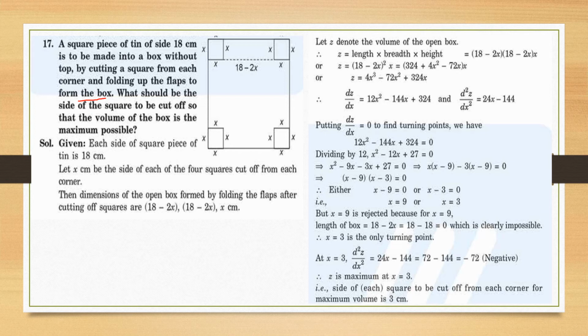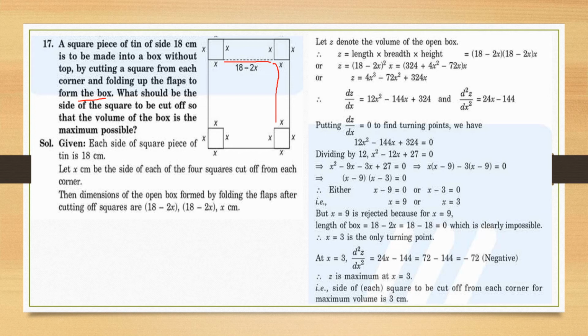This complete width is 18, so x and x removed means this portion is 18 minus 2x. Similarly, this complete is 18, so this portion from here to here is again 18 minus 2x.